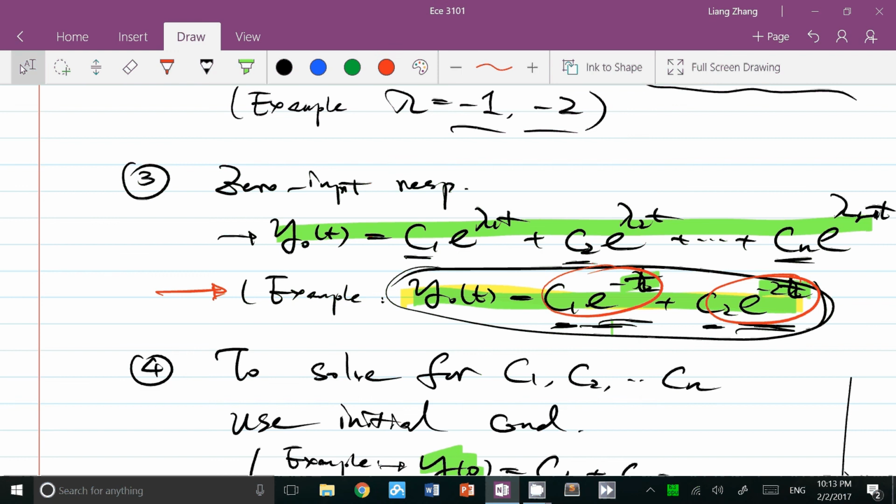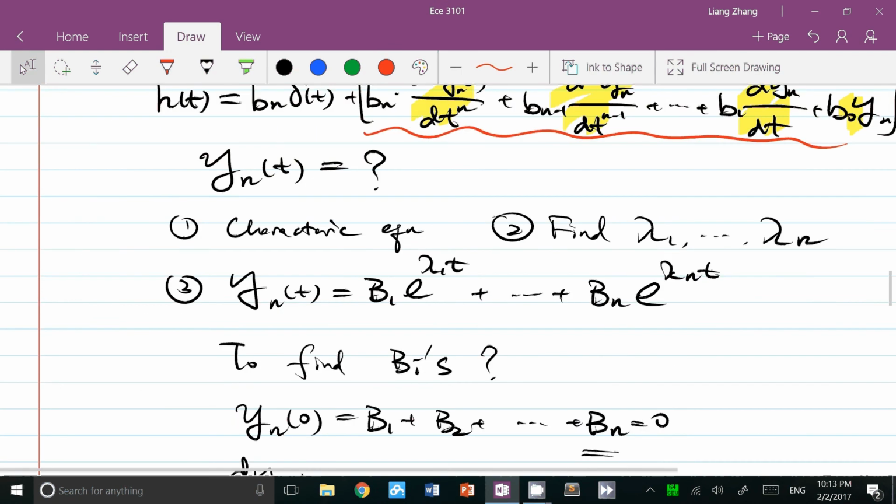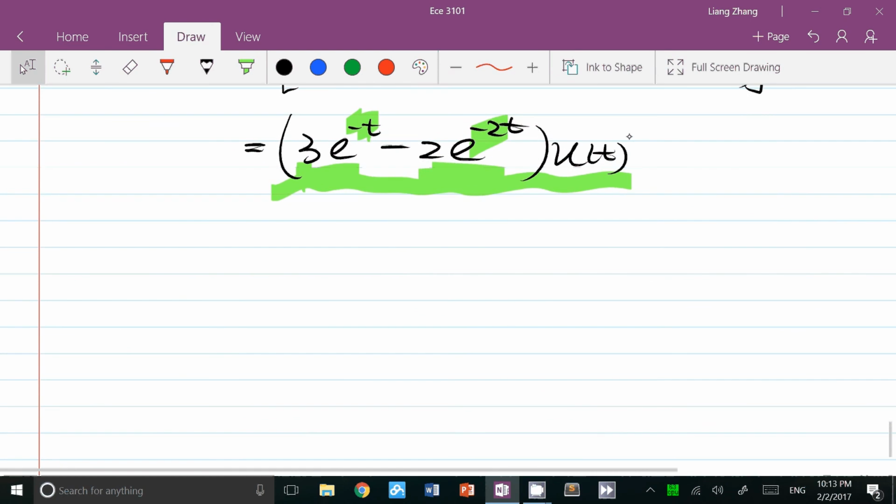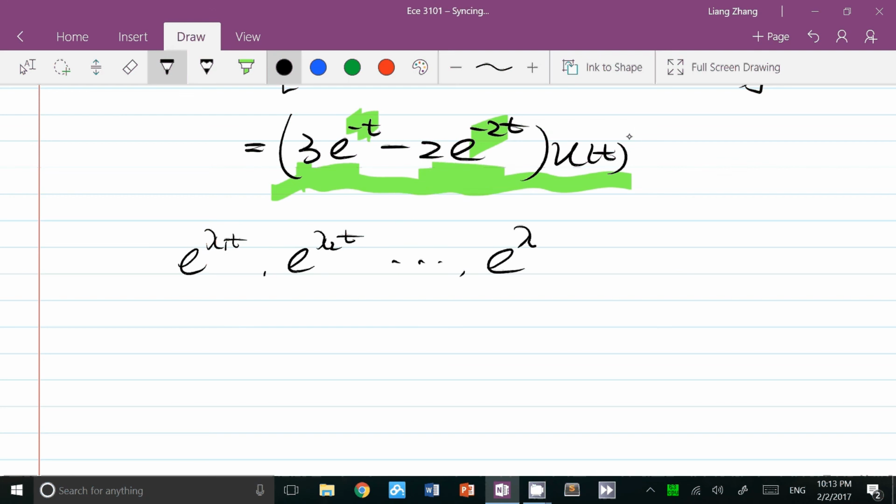This implies that these exponential terms are actually very special. In general we have e^(λ1 t), e^(λ2 t), and if we have an nth order system, we have e^(λn t).